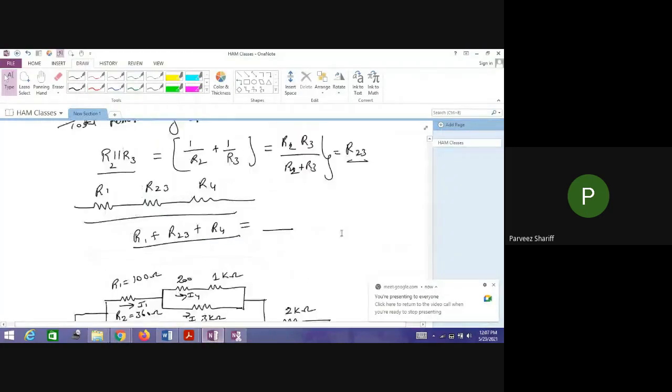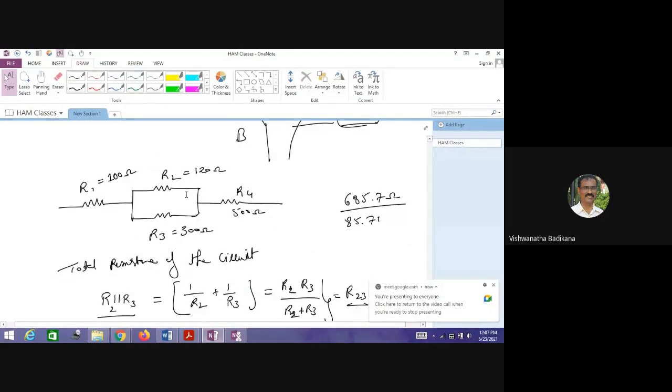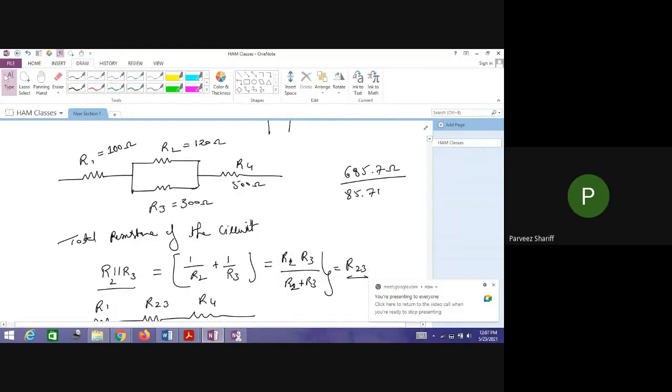Which example, sir? This one? Yes. Okay. So what we do here is, first we will solve this circuit, this part. And how do we solve? By using this.